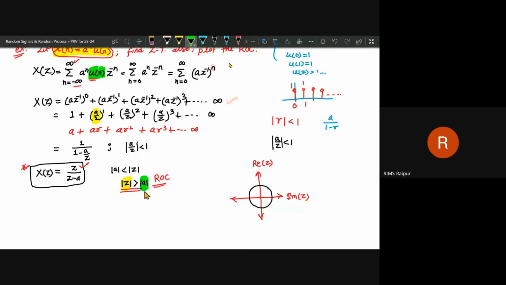Greater than mod a means the value of mod z should be outside this circle. So just shade the outside region. Now this outside region represents the ROC of this function graphically. Clear? Is it clear to all of you? Just confirm how we have plotted the ROC.